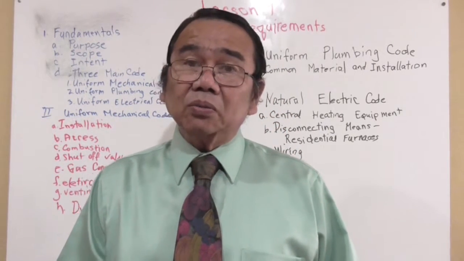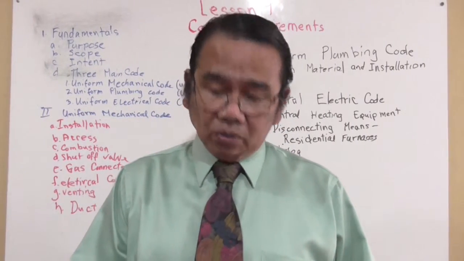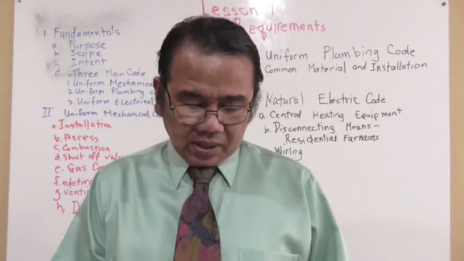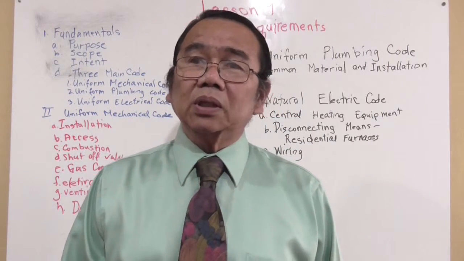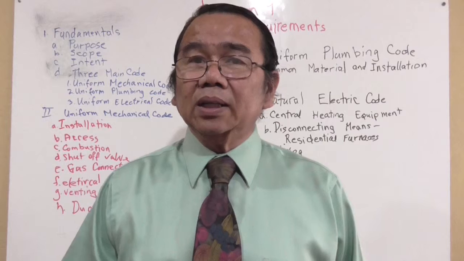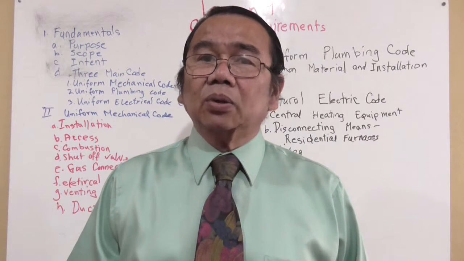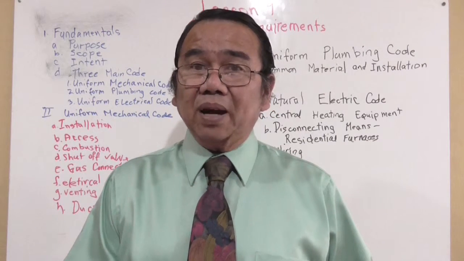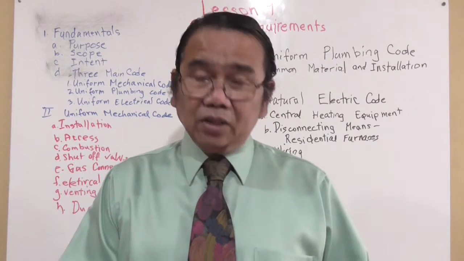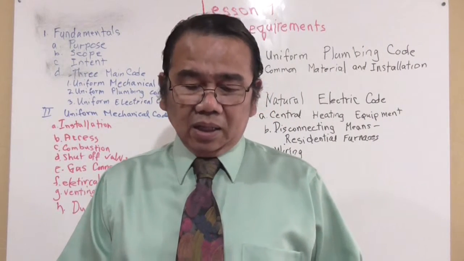The 3 main codes that we have to follow and use are the Uniform Mechanical Code, that is UMC, and they update this every year. Make sure when you do your work, you have the current code. They revise those codes every year. Then the Uniform Plumbing Code, UPC, and the National Electric Code.